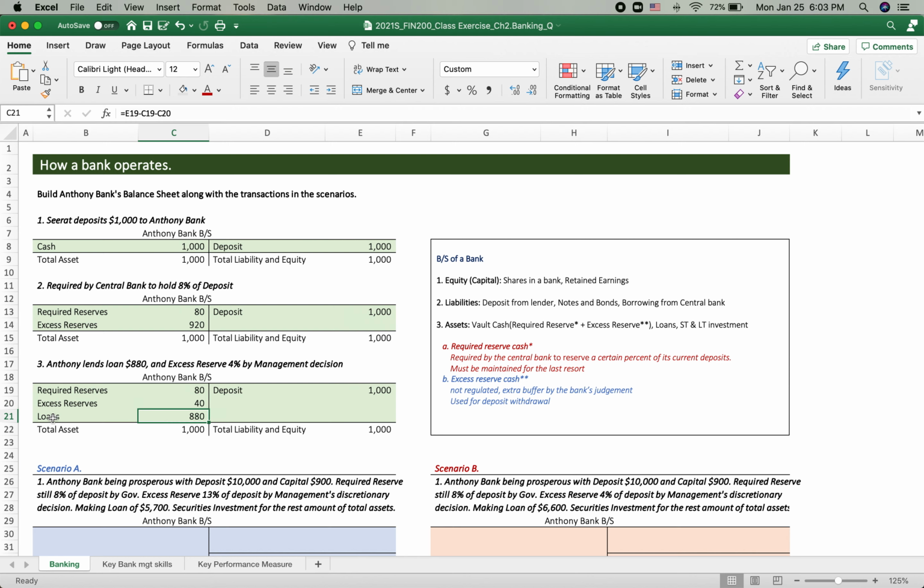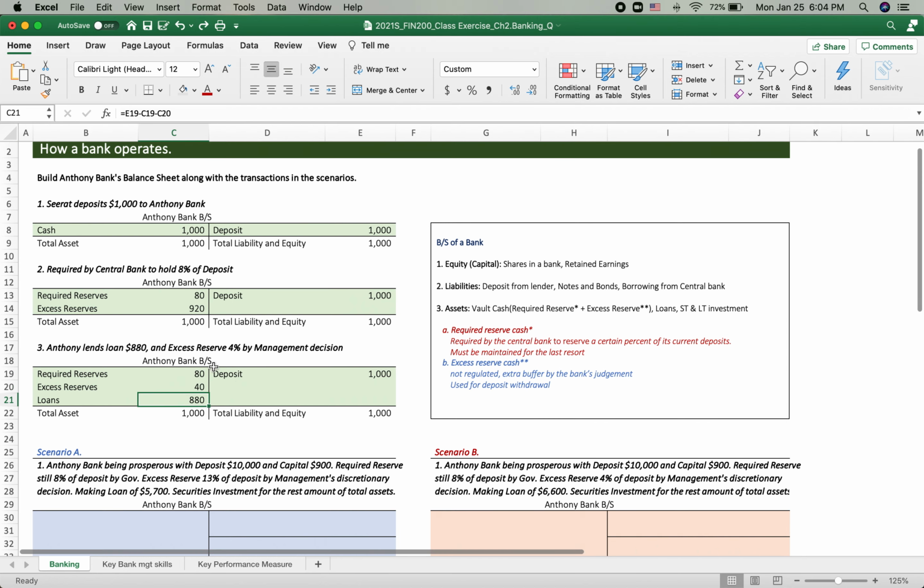If the bank decides to increase loans to 900, then this excess reserve should be 20, like this. Okay, but this 8% of deposit, which is the required reserve required by the central bank, is never changed, to protect the customers, clients of the bank. Okay. So now we set up.